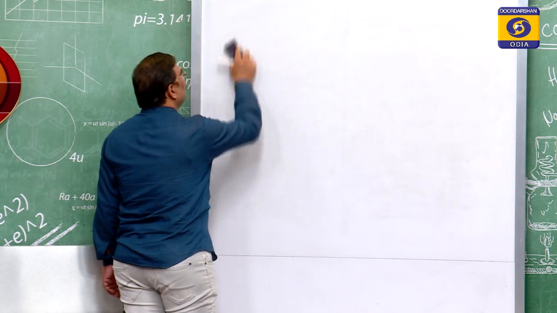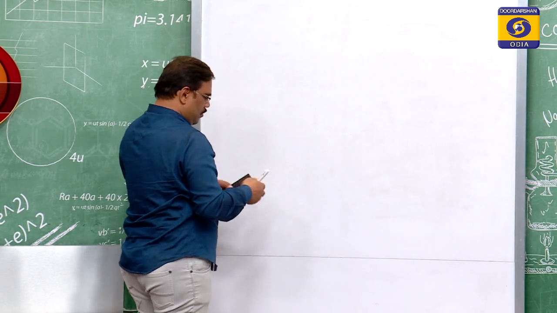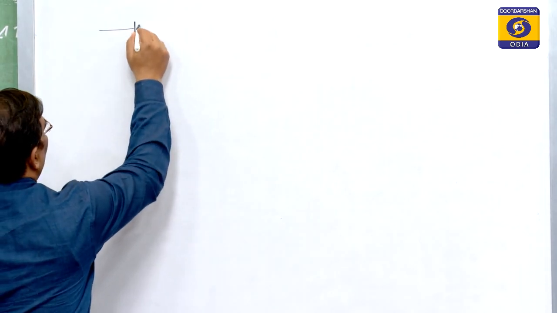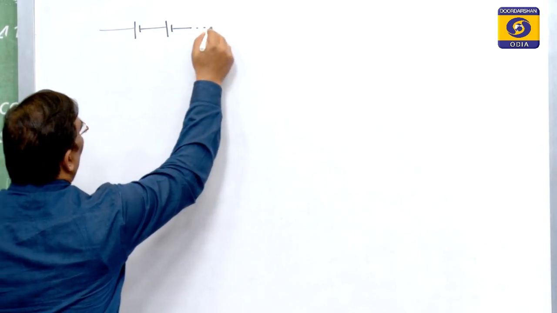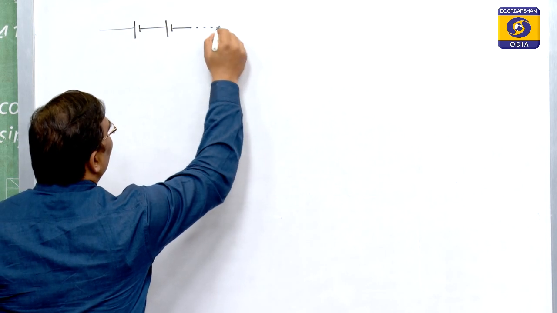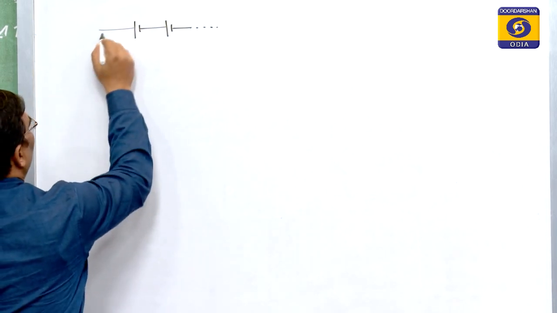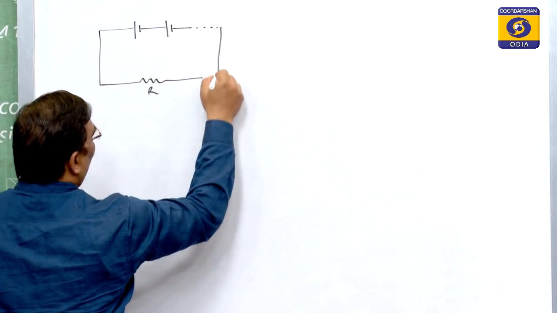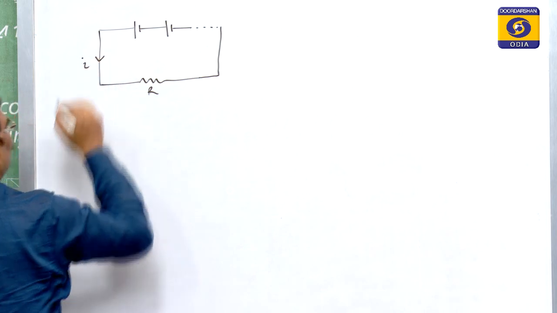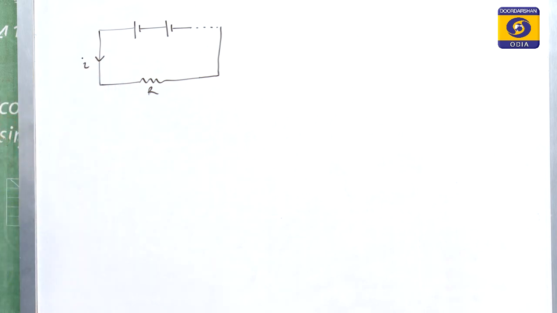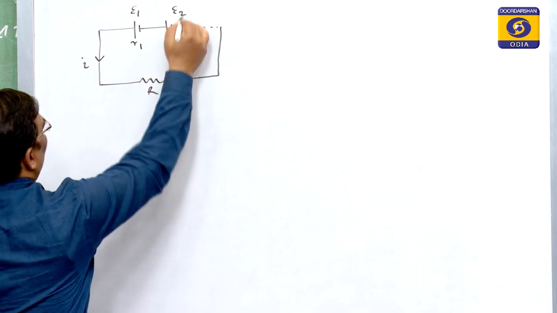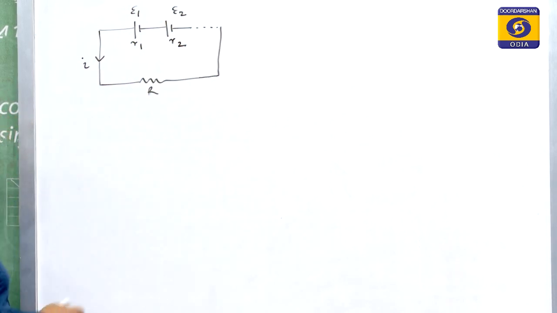First of all, let us consider several dissimilar cells in series, providing current through a load resistance R. This is E1, R1, E2, R2 and so on, En, Rn, n times.